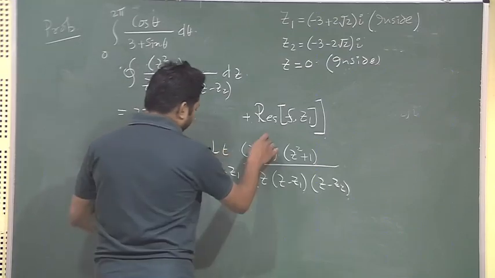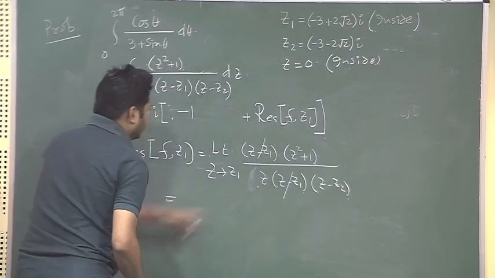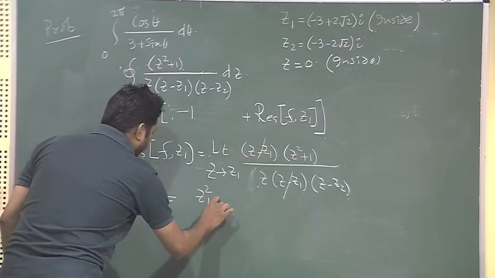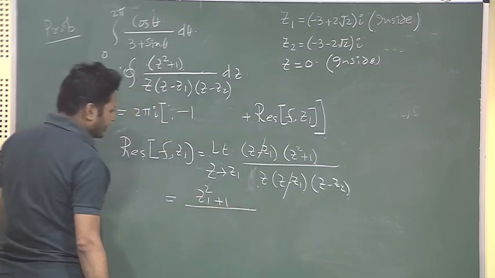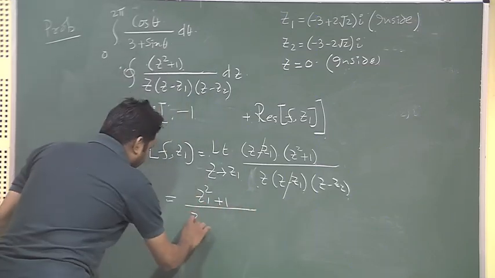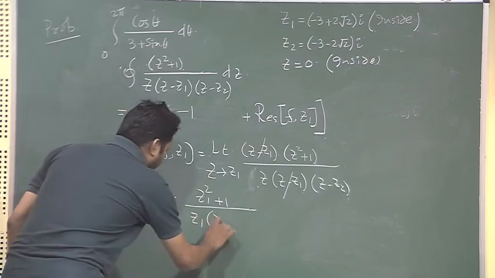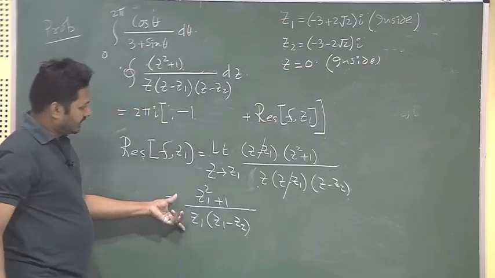So, z minus z1 cancels out. So, now if I put the limit, I need to calculate only z square plus 1. So, z1 square plus 1, and downstairs it will be z1 multiplied by z1 minus z2. I need to calculate this quantity.